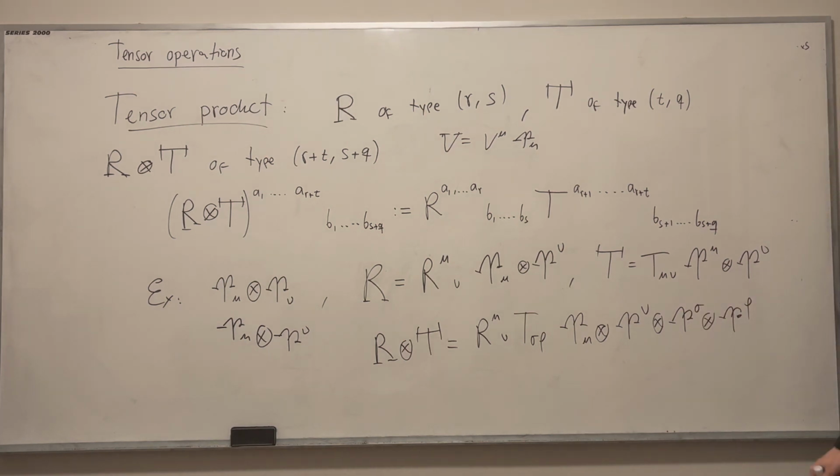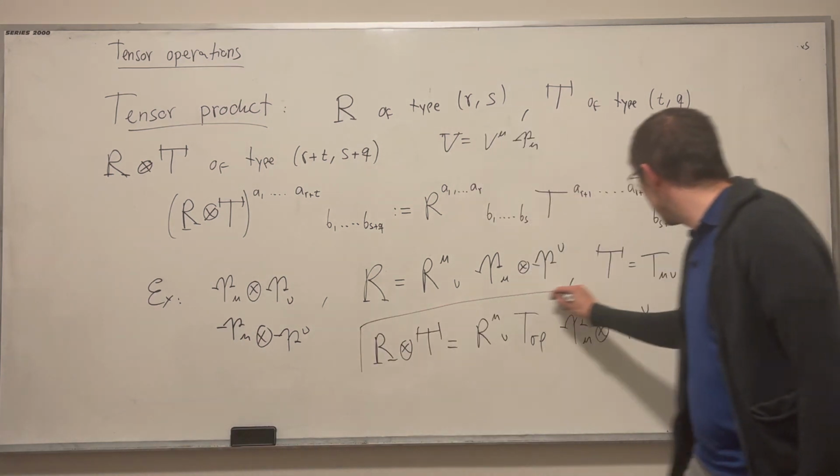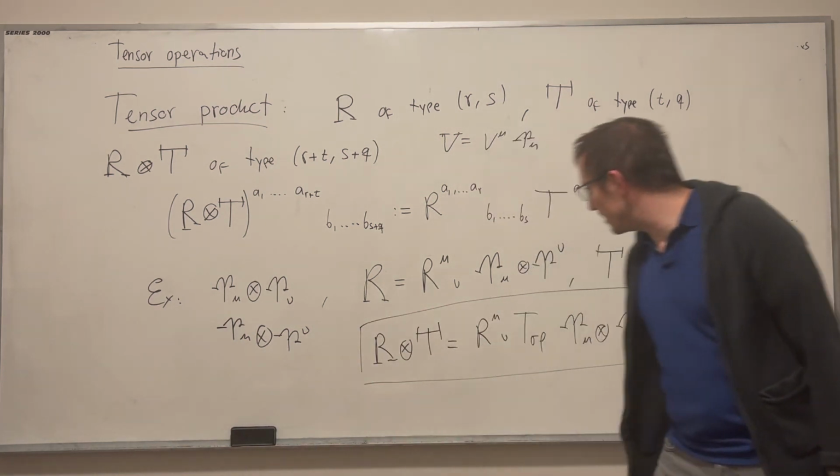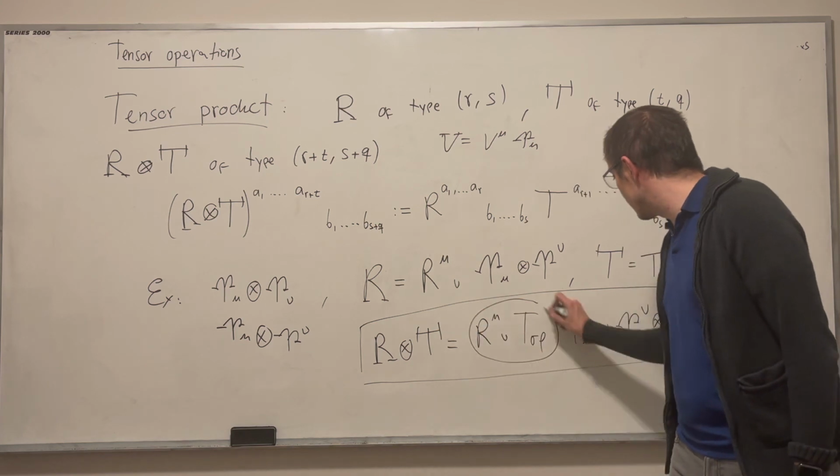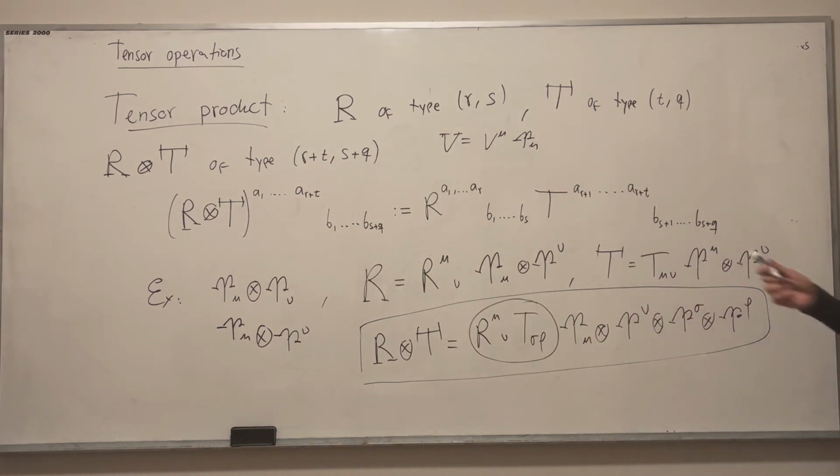So this is the tensor product R times T in this example, and these are the components in the basis epsilon mu and the dual basis epsilon mu. All right, wonderful.